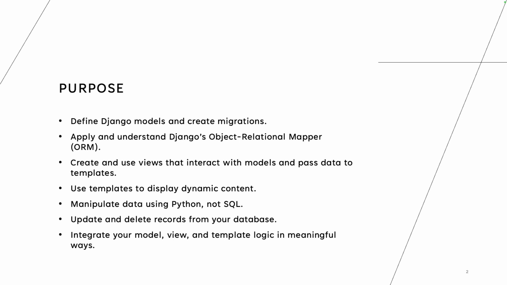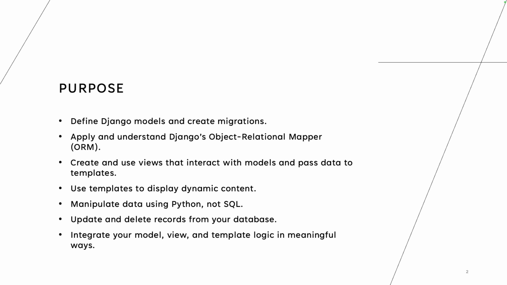This week focuses on topics which define Django models and create migrations. We will apply and understand Django's Object Relational Mapper, also known as ORM. We'll create and use views that interact with models and pass data to templates. Then we'll also use templates to display dynamic content.